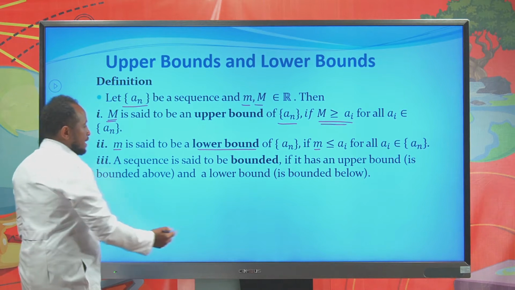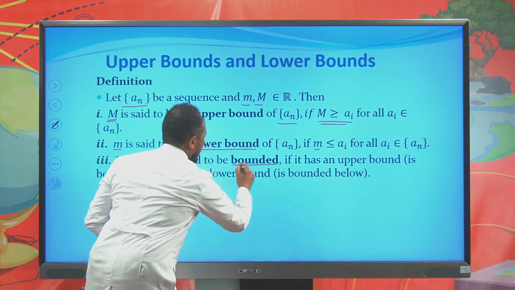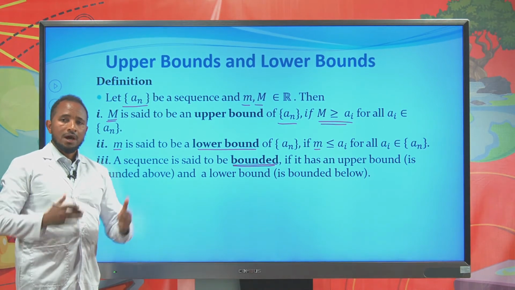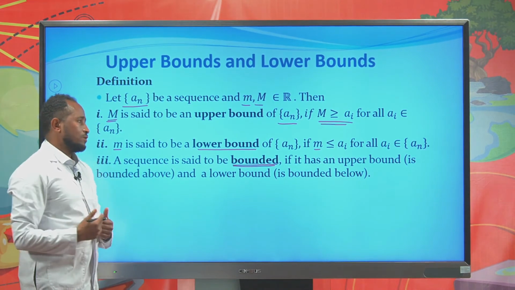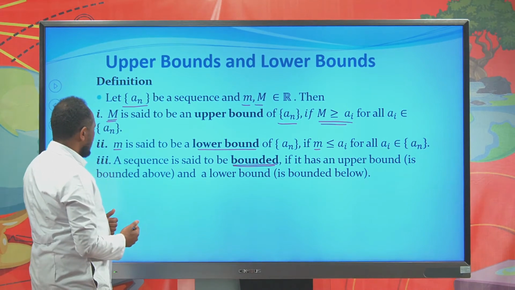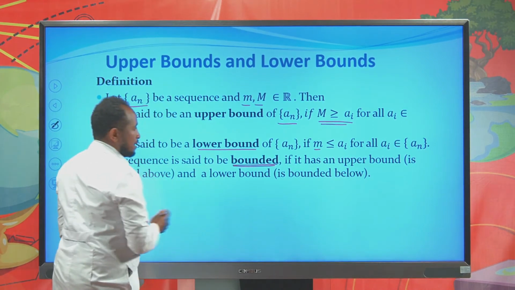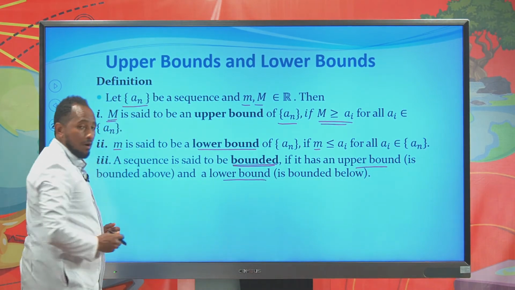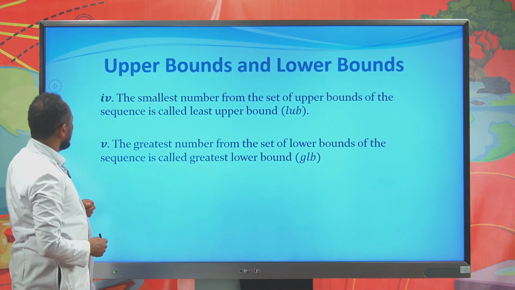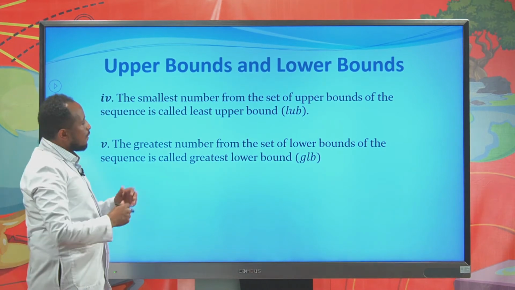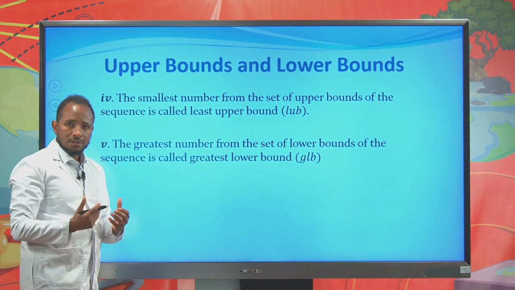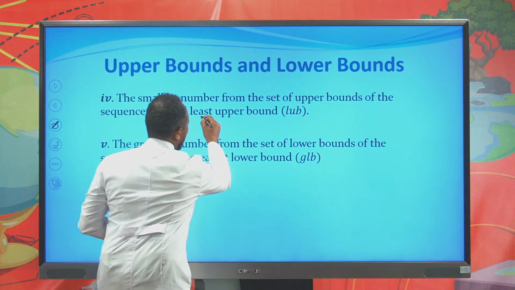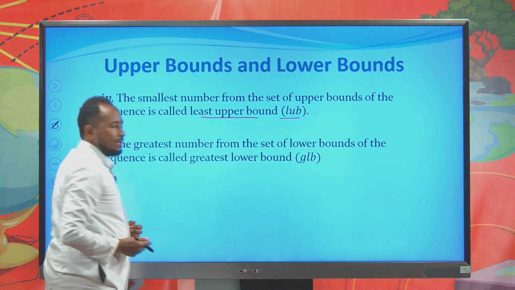Now we say a sequence is bounded if it has both an upper bound and a lower bound. And from the upper bounds, the least number, we call it the least upper bound or LUB of that sequence.